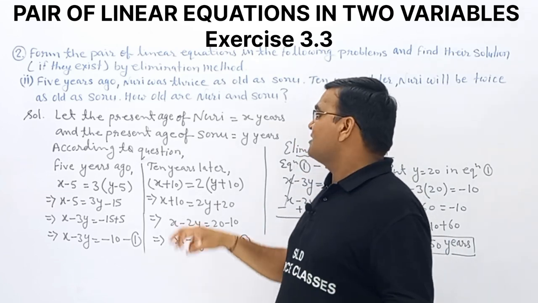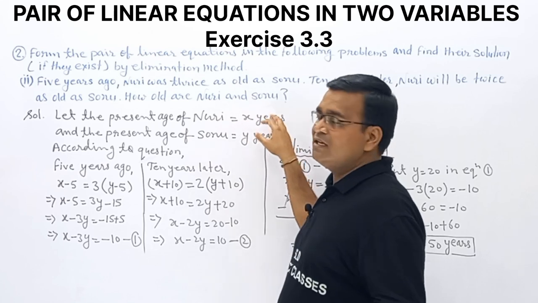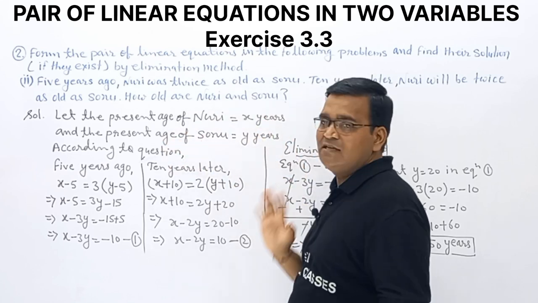So we assumed the present age of Nuri is x years, and the present age of Sonu is y years.